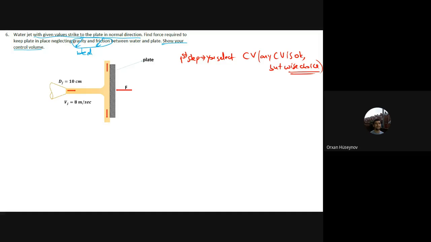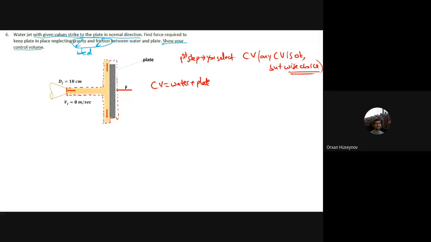For this problem, if you have different options you can tell me, but the better choice is this one. I select my control volume, which includes the water as well as the plate here. My CV is water plus plate.